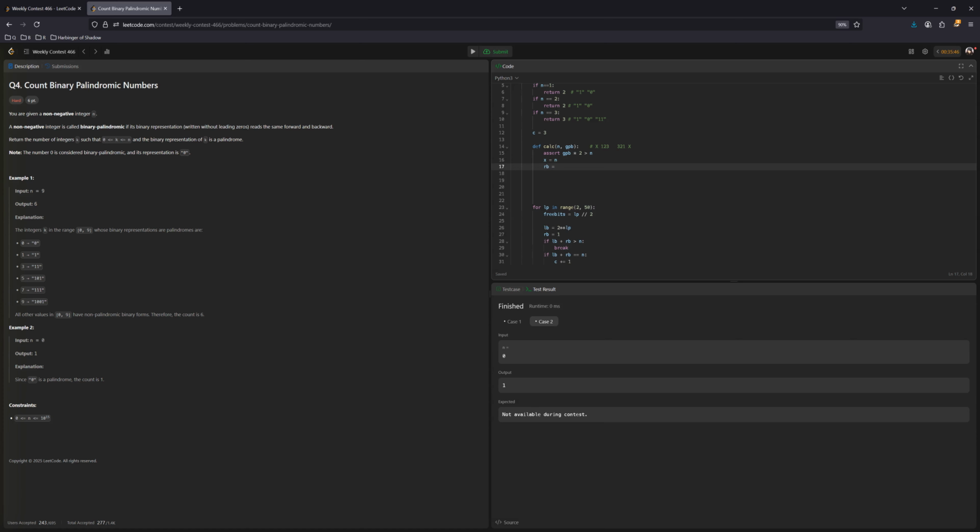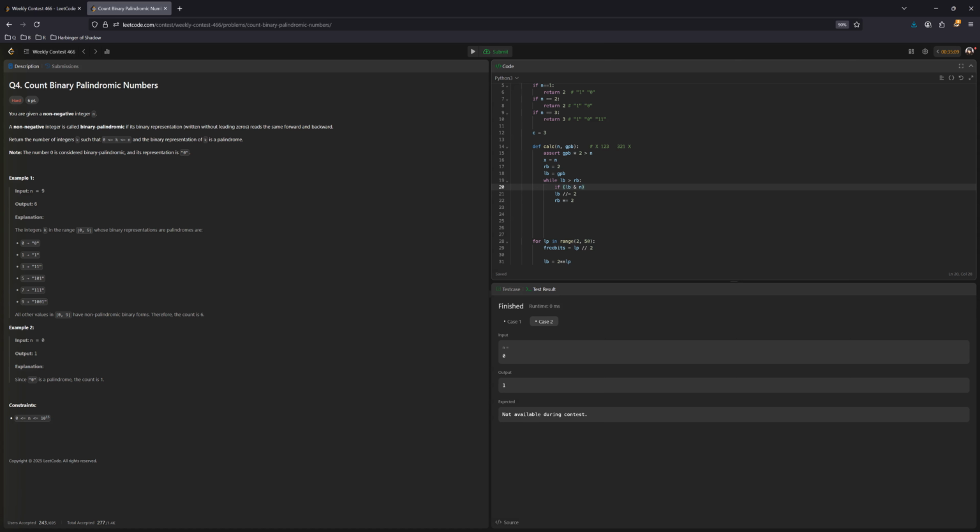So we're going to have x equals n, and right bit equals 2, and then we're going to start filling it in. We're going to say left bit equals greatest possible bit, while left bit is greater than right bit, left bit divided by equals 2, right bit times equals 2.